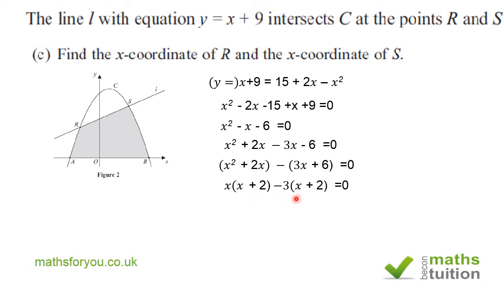Now both groups have got x plus 2 in common. And when I combine, I get x plus 2 multiplied by x minus 3. So either x is equal to minus 2 or x equal to plus 3. So for R, we got x equal to minus 2. And for S, we have that x is equal to 3.